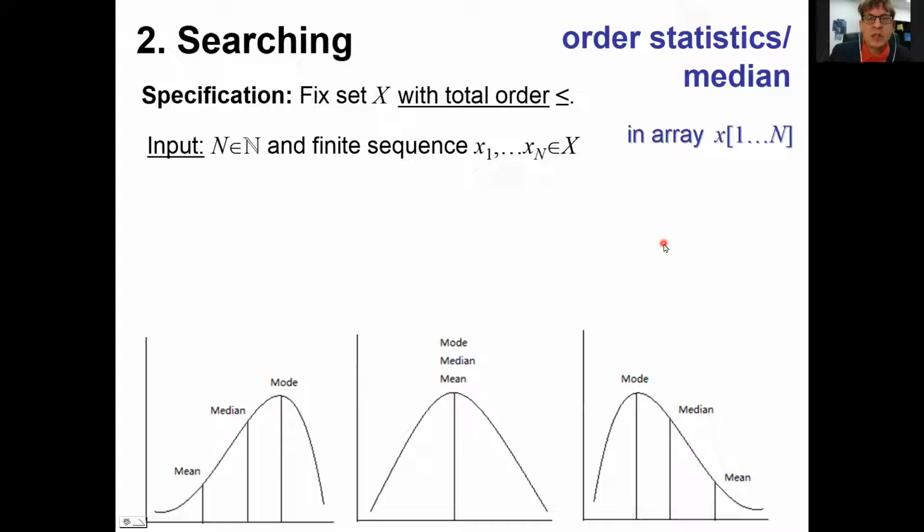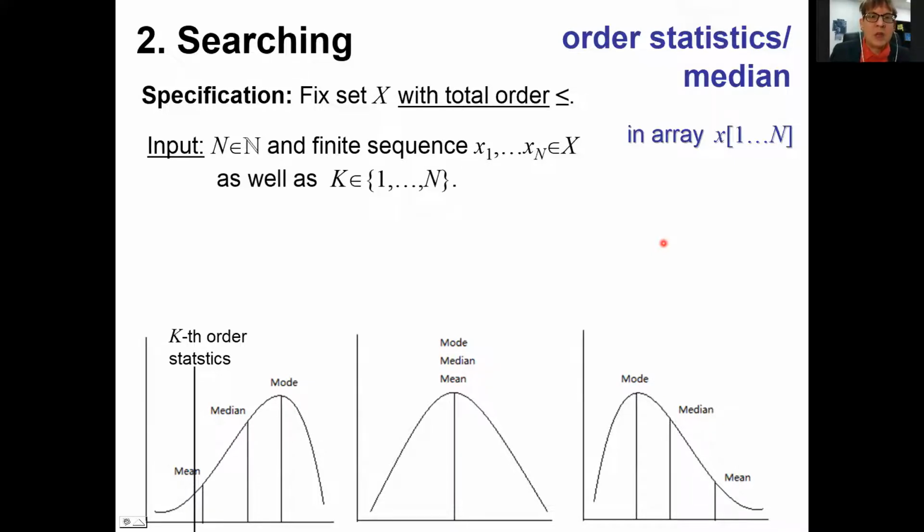And the generalization is: find an element which has k elements smaller and n minus k elements larger. And this is called the kth order statistic. So choosing k equal n over 2 recovers the median, but other values of k generalize the median. So that's a generalization of the median problem.